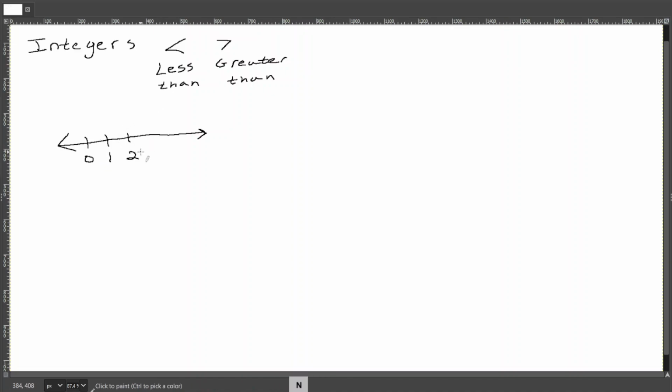Well, what we learn with integers is that 0 ends up being the middle. To the right, we'll have what are called positive integers, and to the left, we'll have what are called negative integers.